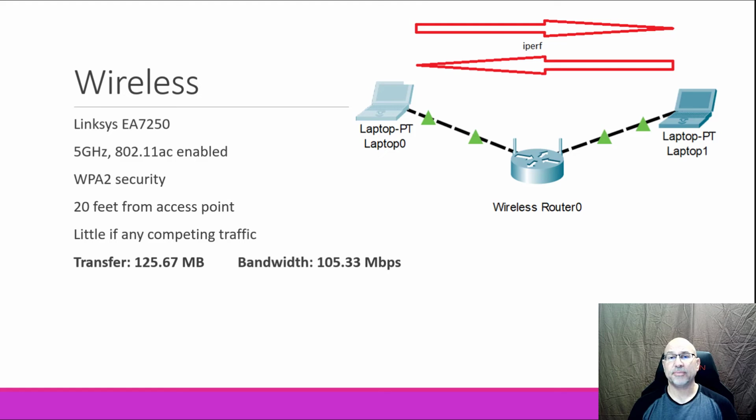All right, so I did a quick check on nodes, but nothing scientific, and it said that there wasn't very much in the way of competition. So really this is what we get. We have 2 laptops that are wirelessly connected to the access point, and we're going to send data between them. So what happens? Well, we get 105 megabits per second. Not too bad.